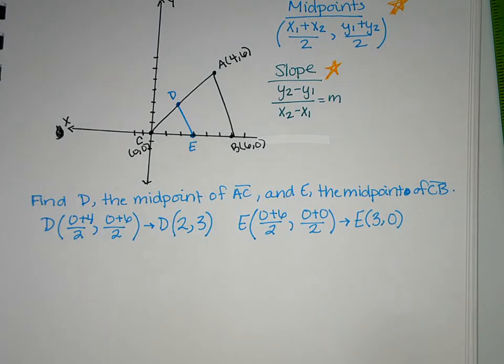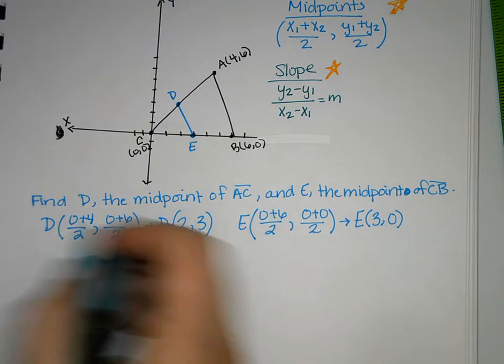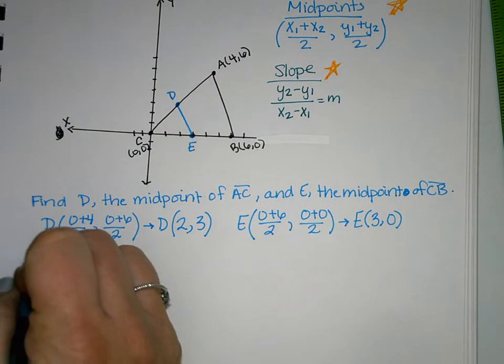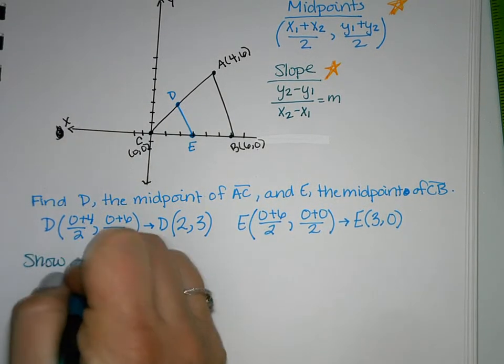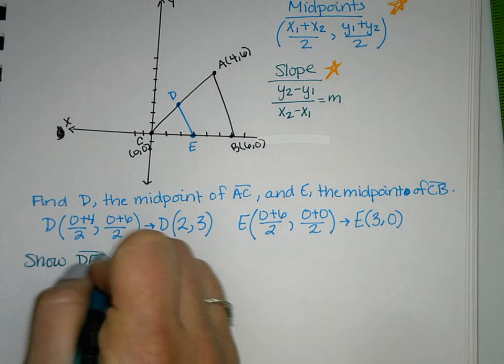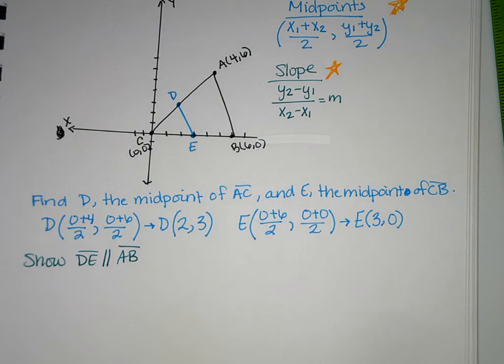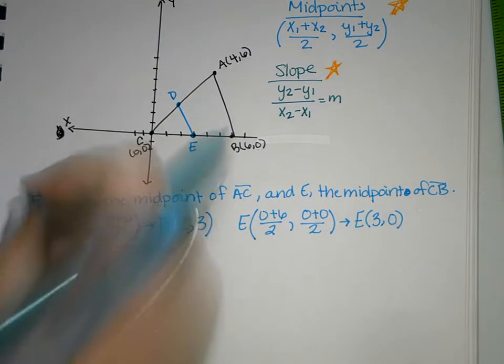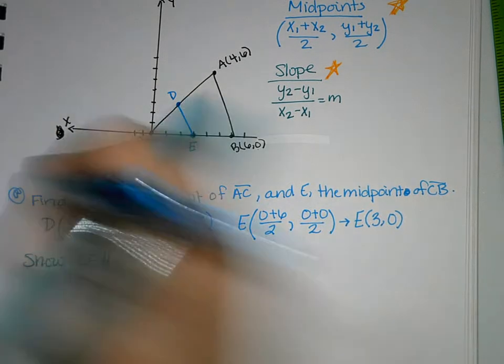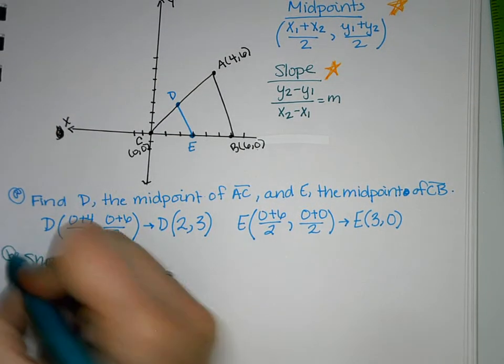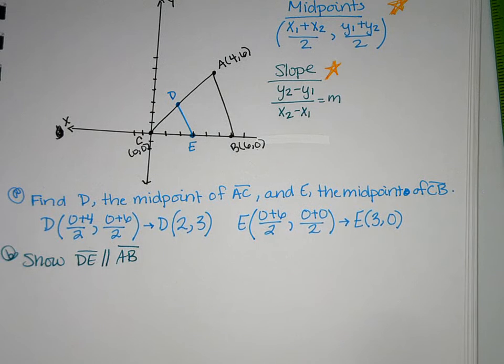So for the second part, or the next question, you're going to be asked to show DE is parallel to AB. So in order to show that, you can think of this as A, the second part will be B. To show DE and AB are parallel, we're just going to find the slope of each one and show that you get the same number.